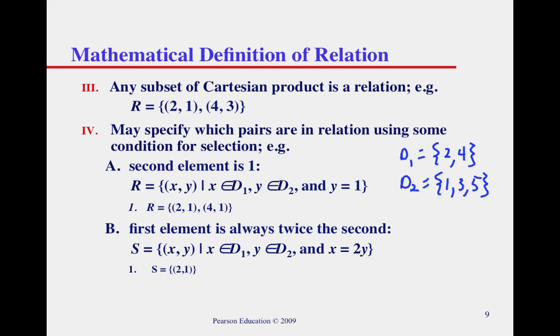Then in example B, I've said that any tuple in the relation must satisfy the mathematical constraint x equals 2 times y. So there is only one such pair in the domains which will work, which is I can take 1 from domain 2 and 2 from domain 1.